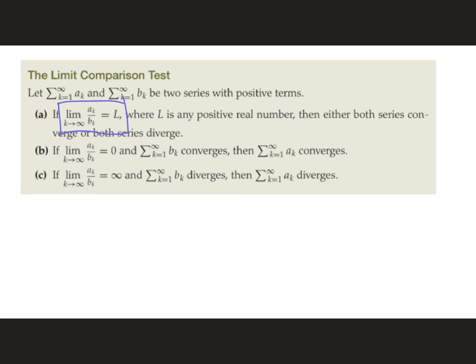Because this one's saying, if I know that b_k converges and it totally dominates a_k, which is why the limit is 0, then a_k also has to converge. This one's saying, if I know b_k diverges, and it totally dominates a_k, so that's why we get infinity, then a_k will diverge also. So two particulars there. The most important step is right up there with the first one.